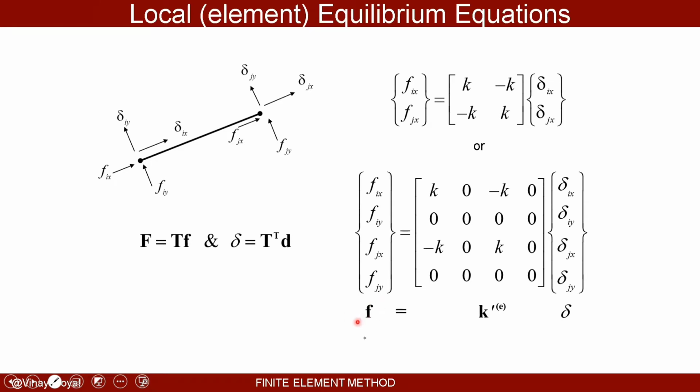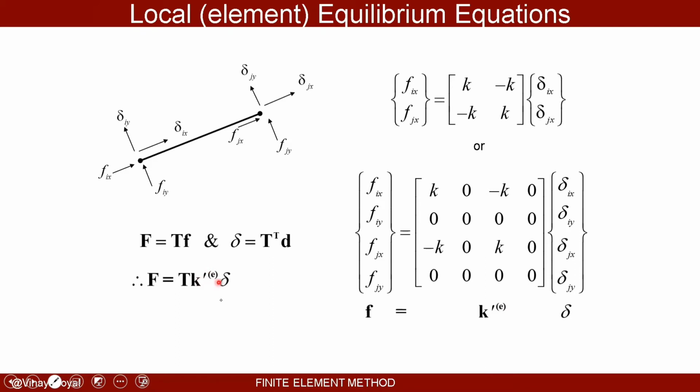But I have this equation also, so I want to find a way of relating them. Let's see how to do that. Let's see, F equals T bold times small f bold. And isn't small f bold equal to K prime at the element level times del? Isn't that the case?